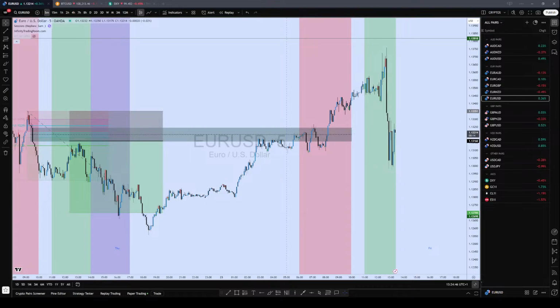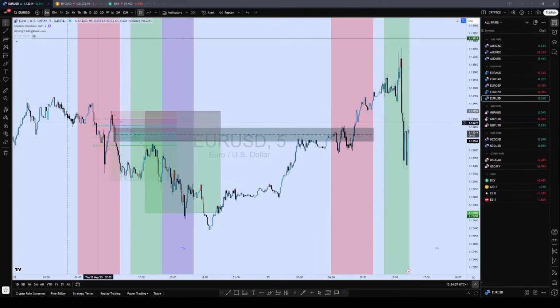Outside the time windows that are given, certain things happen. For example, before that 8 a.m., that's my time, London, there's always going to be some form of manipulation, but not all the time. But it can happen.